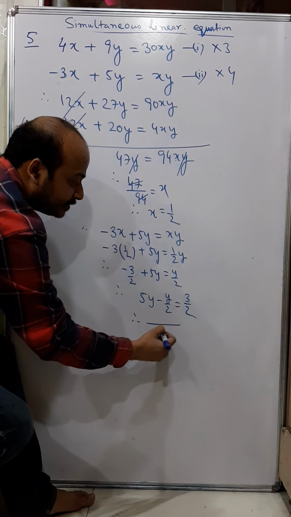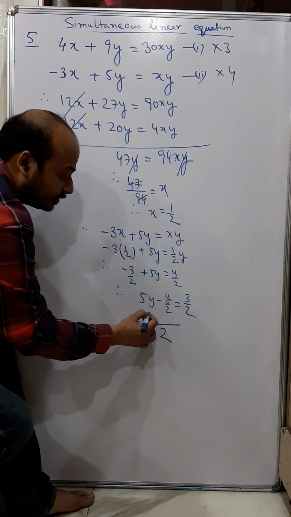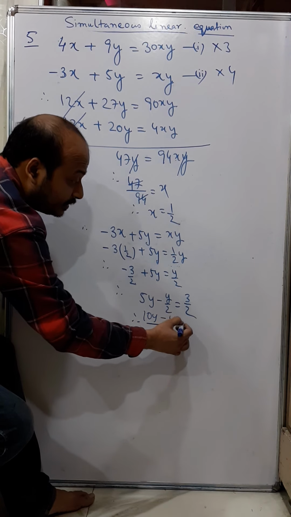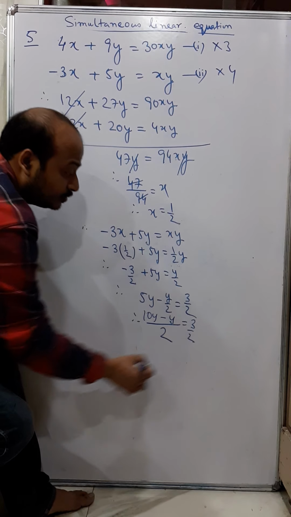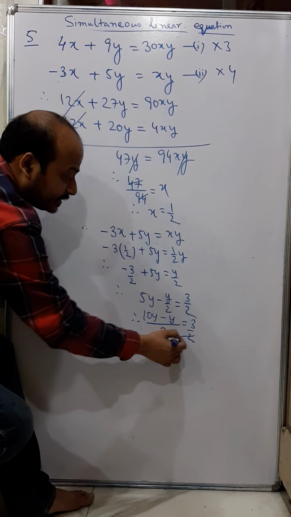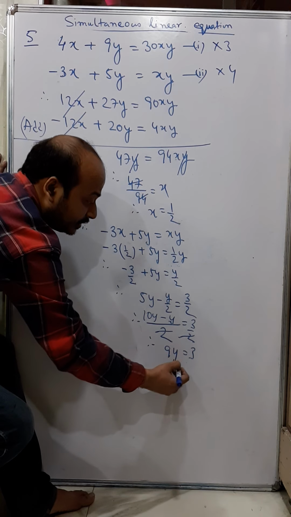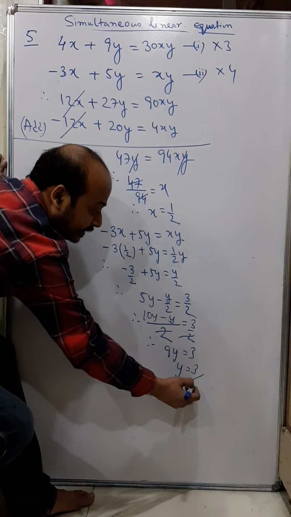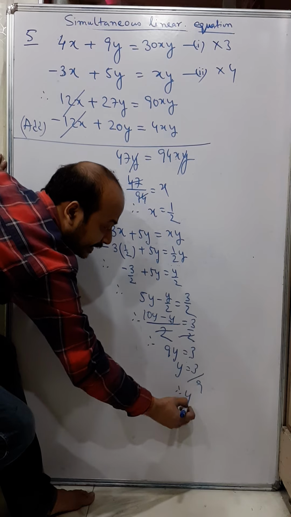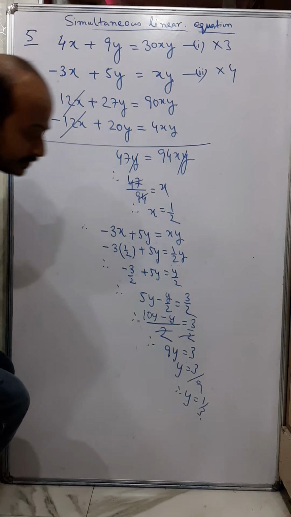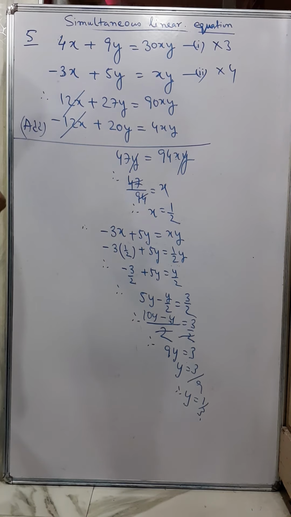We can take LCM here, 2, we get 10y minus y equals 3 by 2. Now this 2 gets cancelled, we get 9y equals 3, and y is equal to 3 by 9, and so finally I get y is equal to 1 by 3. Okay, so that's all. The simultaneous equation is over.